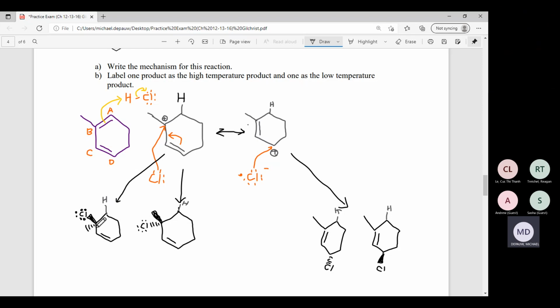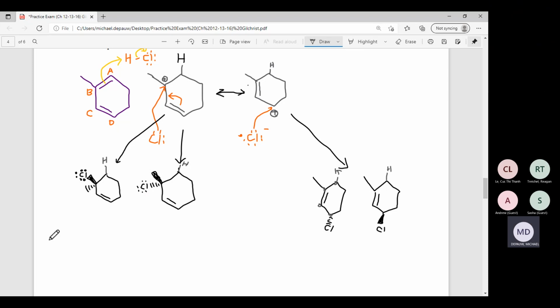Notice since the hydrogen and the chlorine added right next to each other on the two molecules on the left, that's called 1,2 addition, because they're right next to each other. And the other one is 1,4 addition. Think of this hydrogen as the 1 position: 1, 2, 3, 4. So 1,4 addition there.